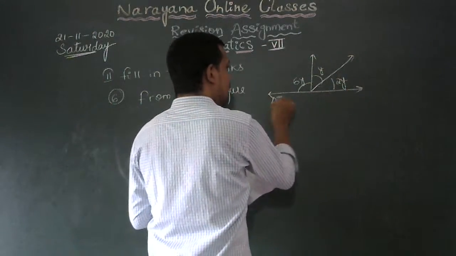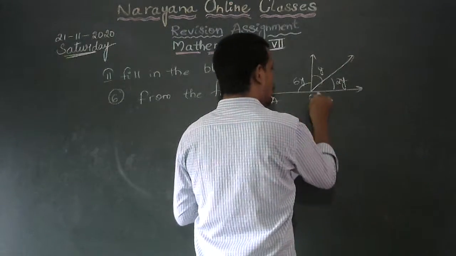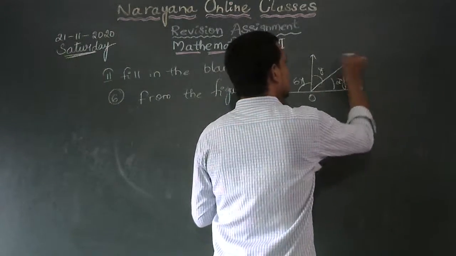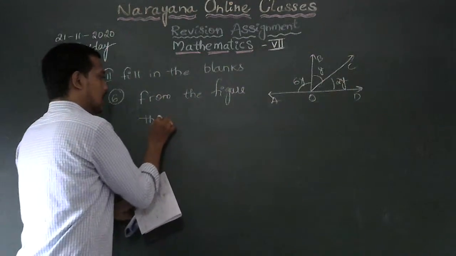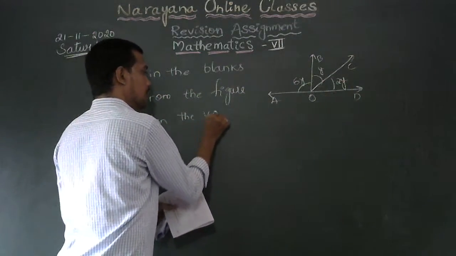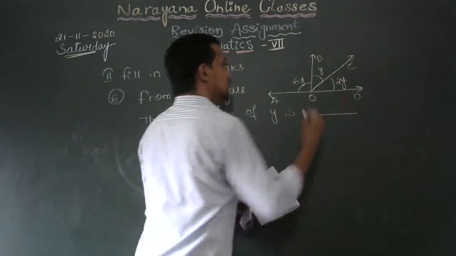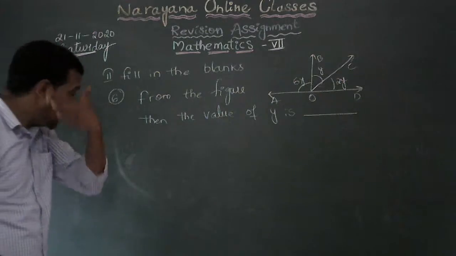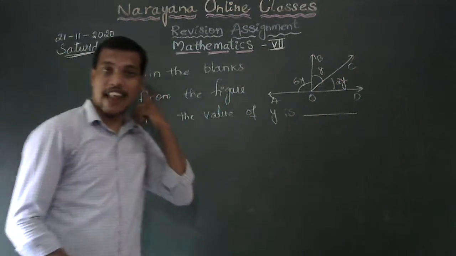Naming them A, O, D, C, B. Then the value of y is dash. Here from the figure we need to identify the value.